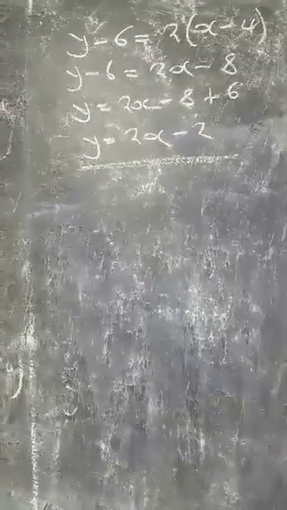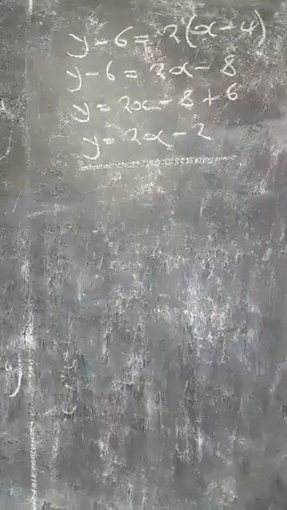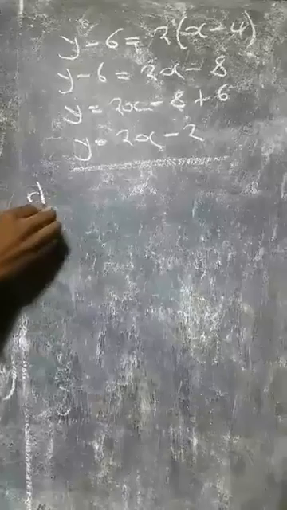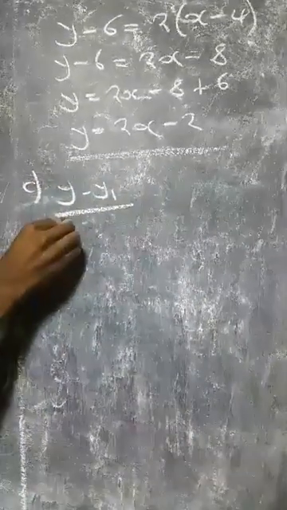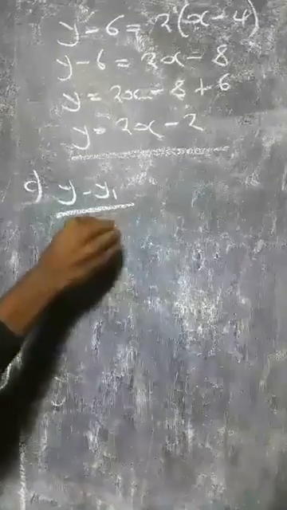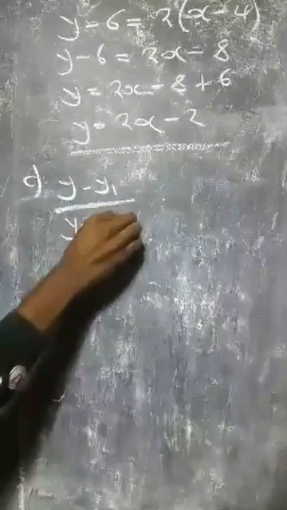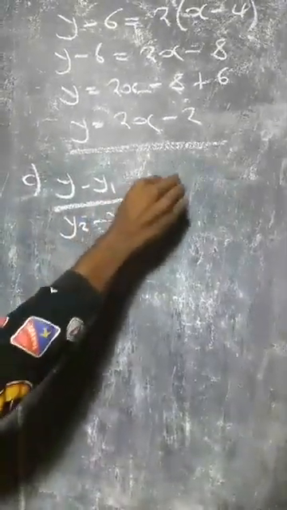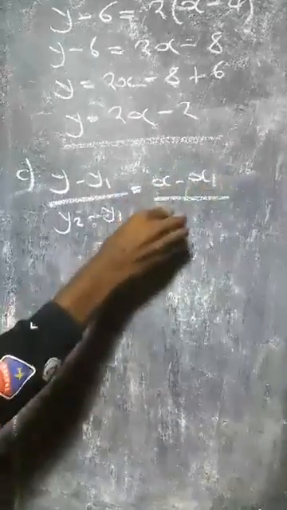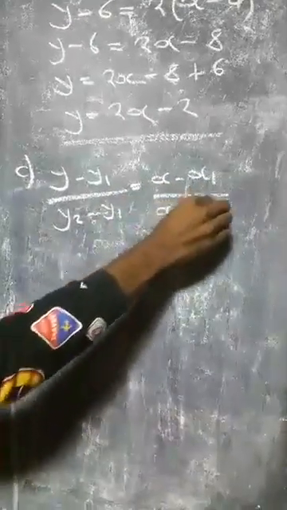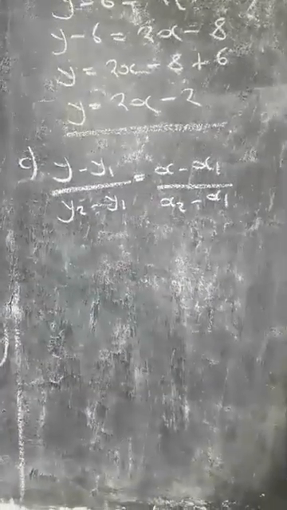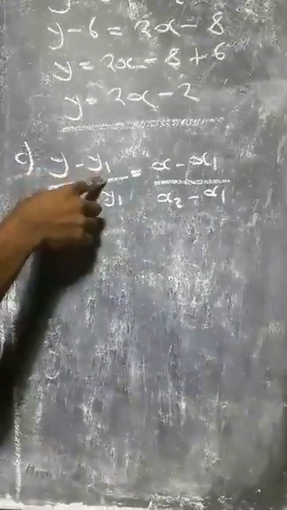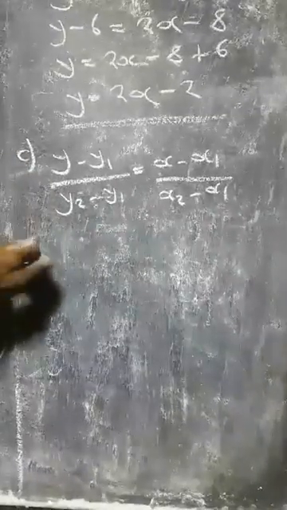So we solved using the last method, then we close this. So (y minus y1) over (y2 minus y1) is equal to (x minus x1) over (x2 minus x1). So y minus y1, we know that our y1 of course is a 6.